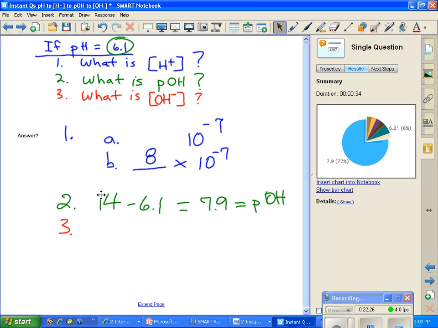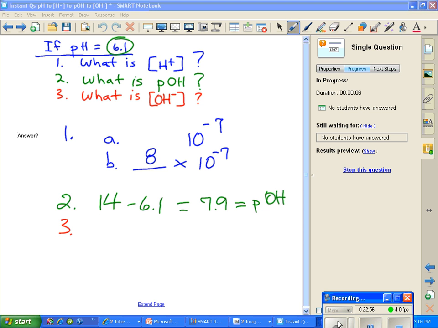If that's the pOH, because it's a logarithm, we have to anti-log to get back to the hydroxide ion concentration. The reason I put the second question is because that's the step you have to take to get the pOH and do the anti-log of that. So that's our next step.